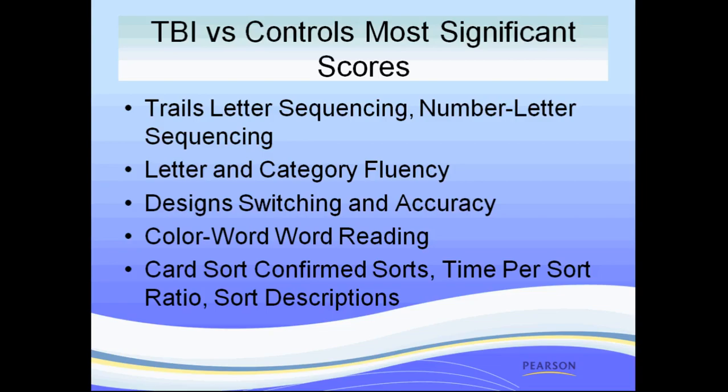Now, Jacques Donders has done some research, and you want to look him up too, because he's done a lot of good research with memory in TBI and some good papers with the Wechsler scales.